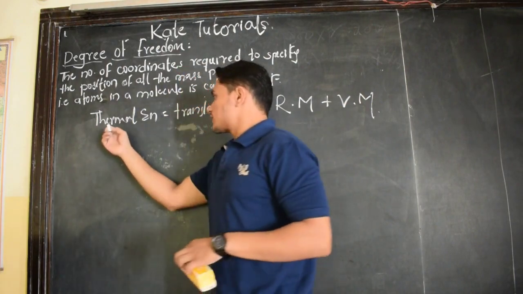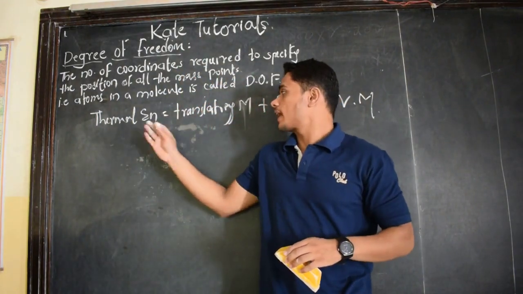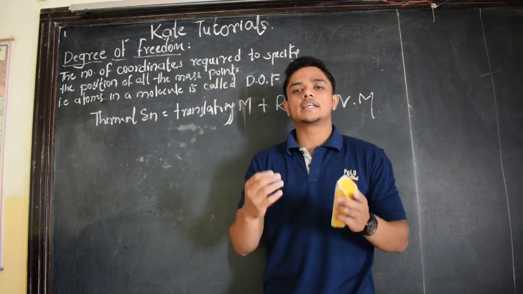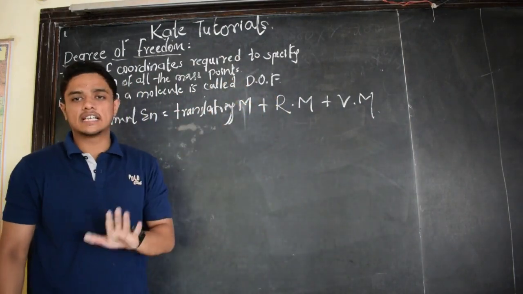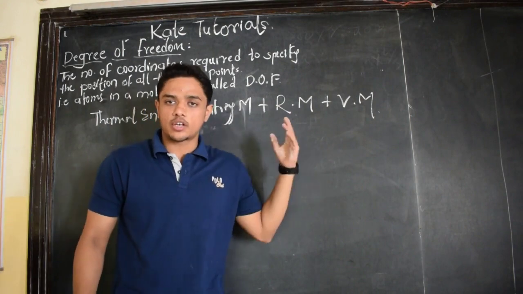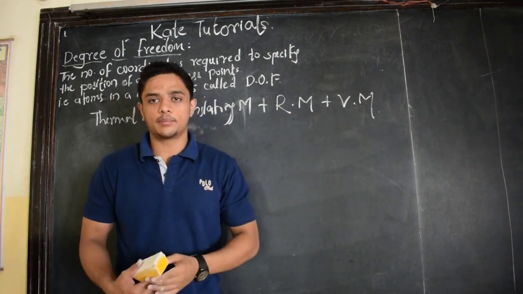That is, if we supply thermal energy to matter, it consists of three types of kinetic motion. One is translatory motion, next one is rotational motion, and vibrational motion.